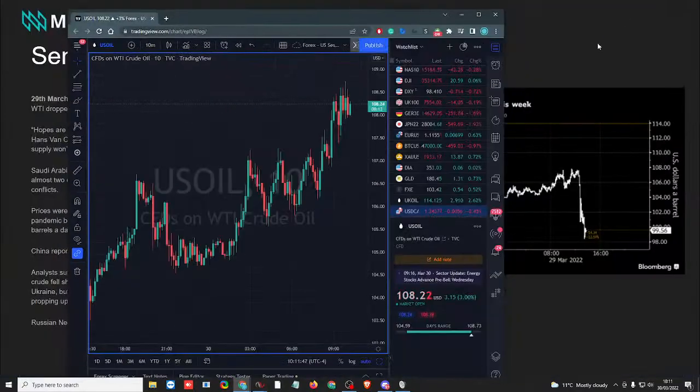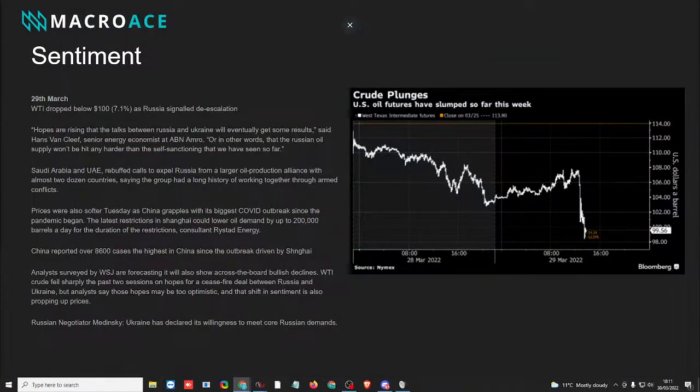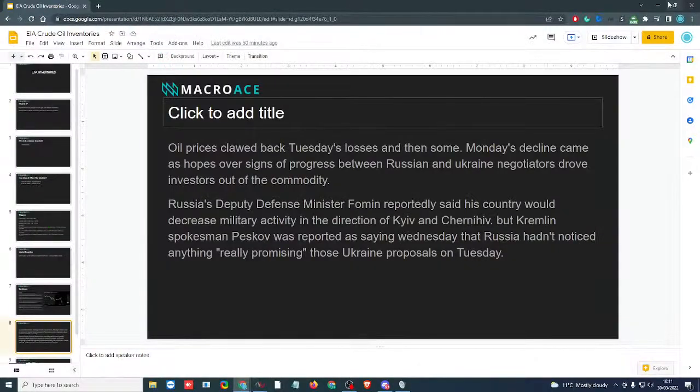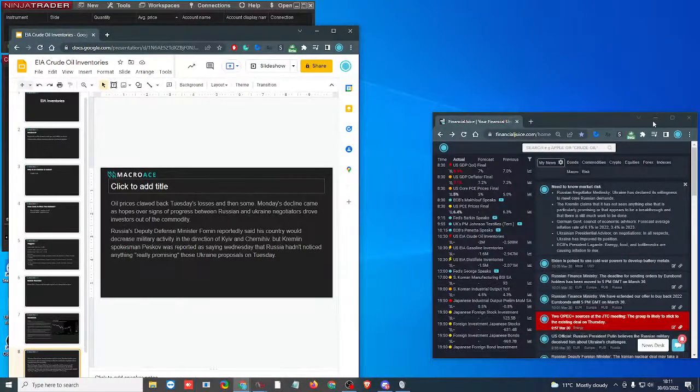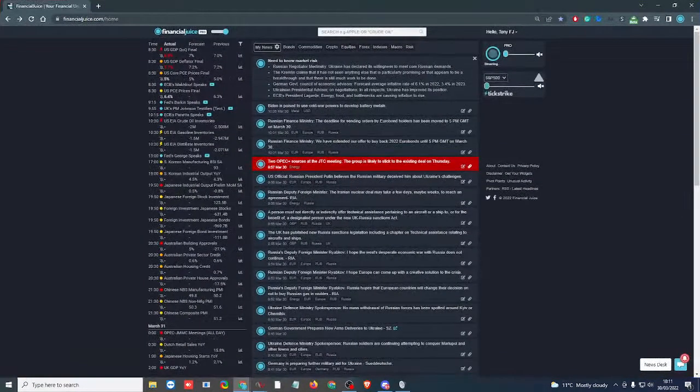Now, one of the headlines that we had received earlier today, or not too long ago, changes the sentiment or changes the way the markets might react today somewhat. The news that we had today was that, according to Russian negotiator Medinsky, Ukraine has declared its willingness to meet core Russian demands.